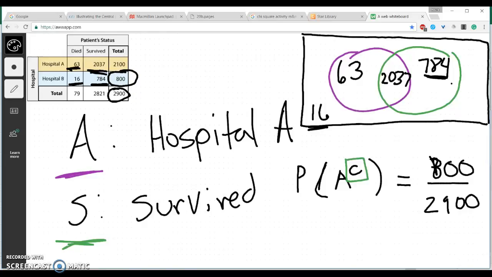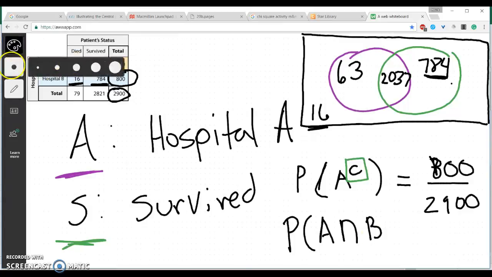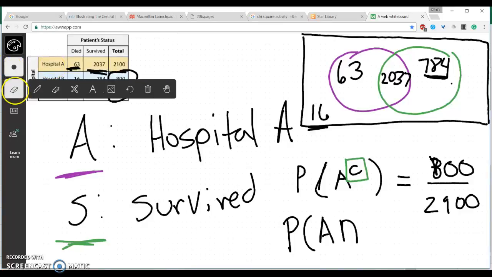Let's do something that's a little bit trickier. Let's find the probability that something is in A and it's not in S. Whoops, using the wrong kind of letters here. So it's not in S. Rewrite that.